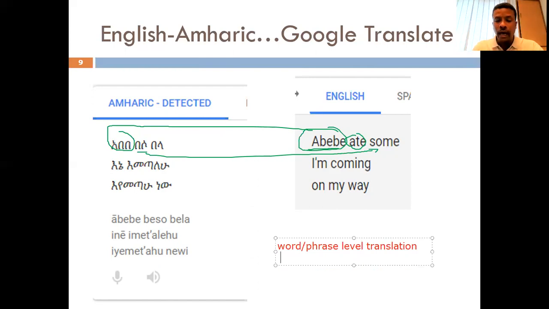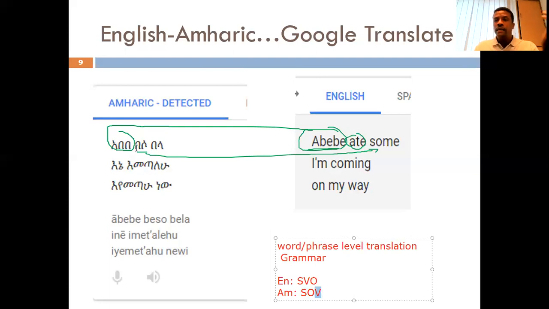But in addition to that, it has grammar. If you remember, we said the English grammar order is subject, verb, object, whereas the Amharic grammar order is subject, object, verb. Abebe Beso Bella, as we said. So the subject is Abebe, the object is Beso, and the action or the verb is Bella.